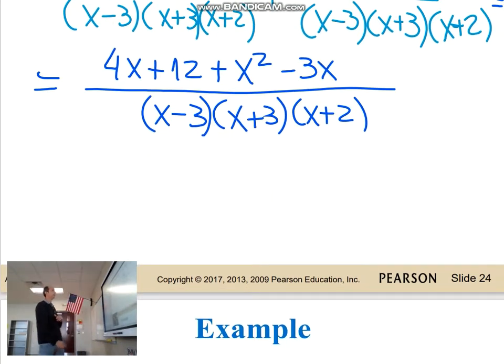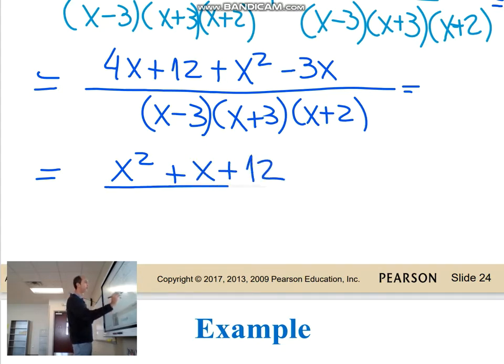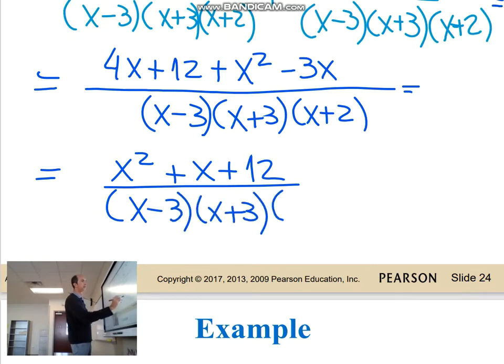And we will have, as a result, x squared plus x plus 12 over x minus 3, x plus 3, x plus 2.